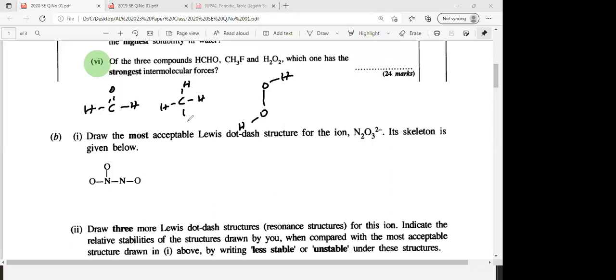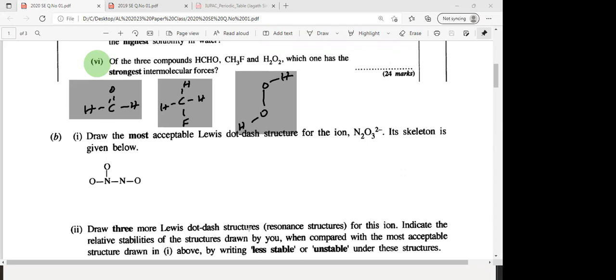OH group. OH group is there. And the shape of the molecule also matters. This is H2O2. This is CH3F. And this is HCHO, formaldehyde.